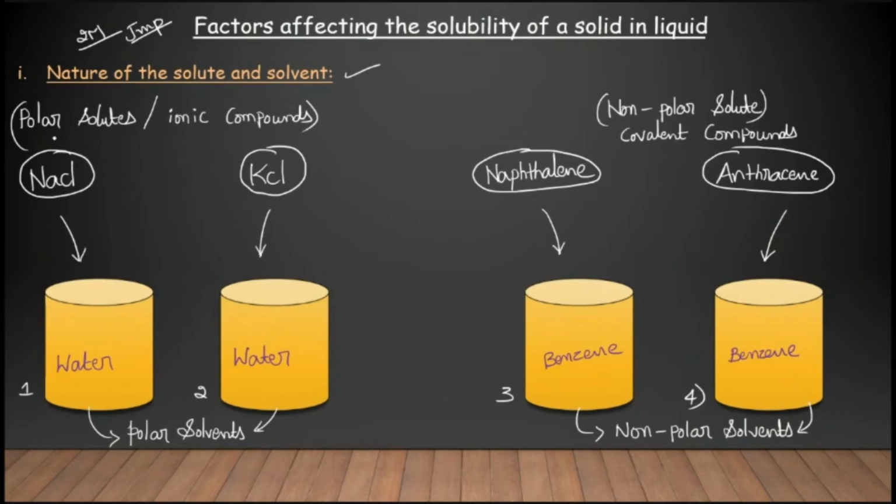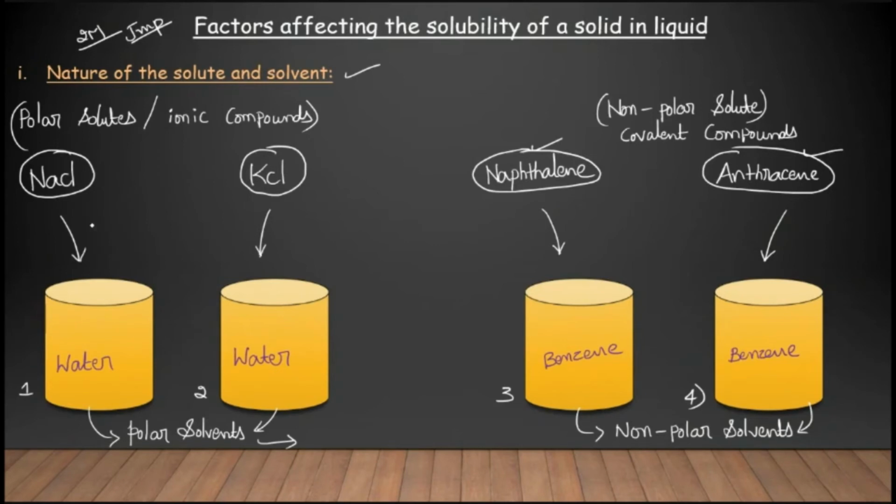You obviously know that sodium chloride and potassium chloride are polar solutes or ionic compounds, right? And water, everybody knows, is a polar solvent. Non-polar solutes are your naphthalene and anthracene. Benzene is a non-polar solvent.